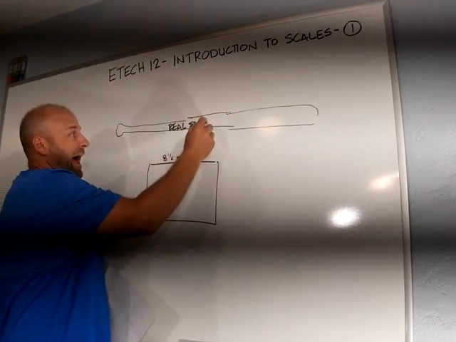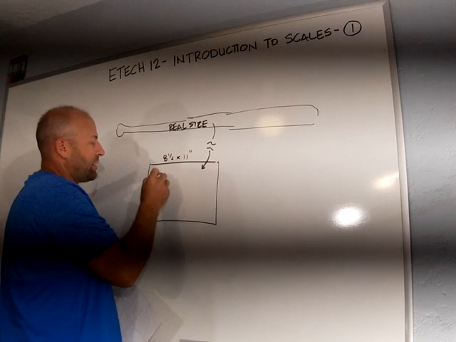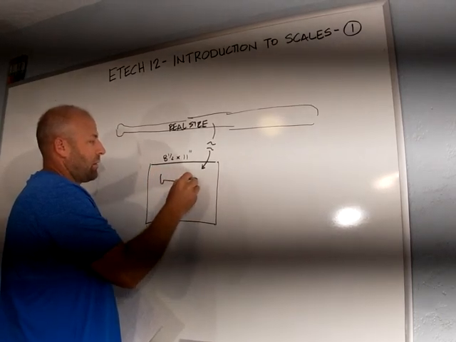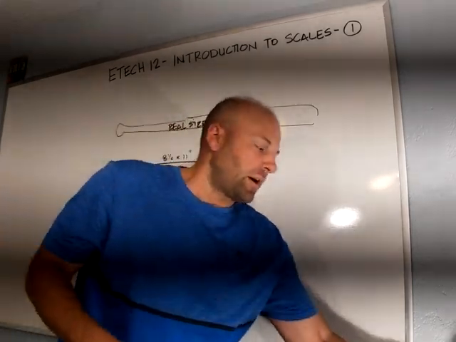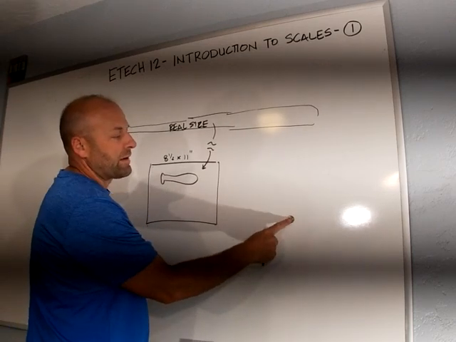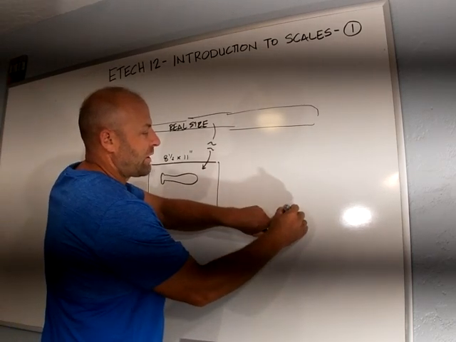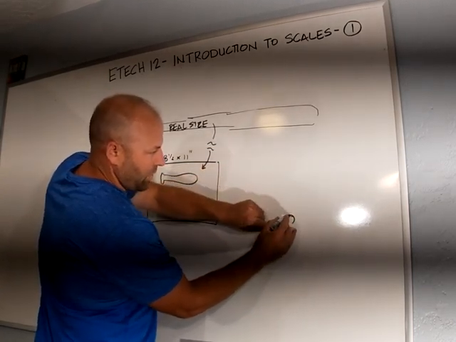So somehow this bat needs to go through some mechanism of scaling to show it on this piece of paper. The other direction: I have a quarter here. The quarter is roughly this size.